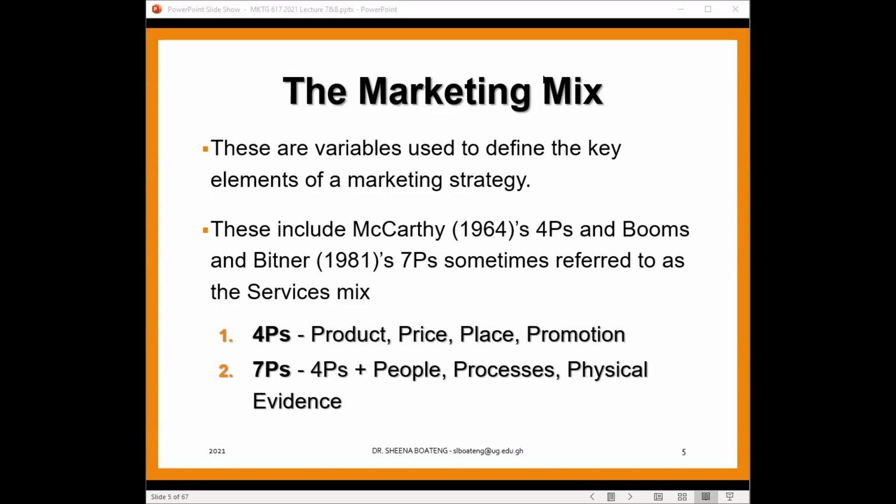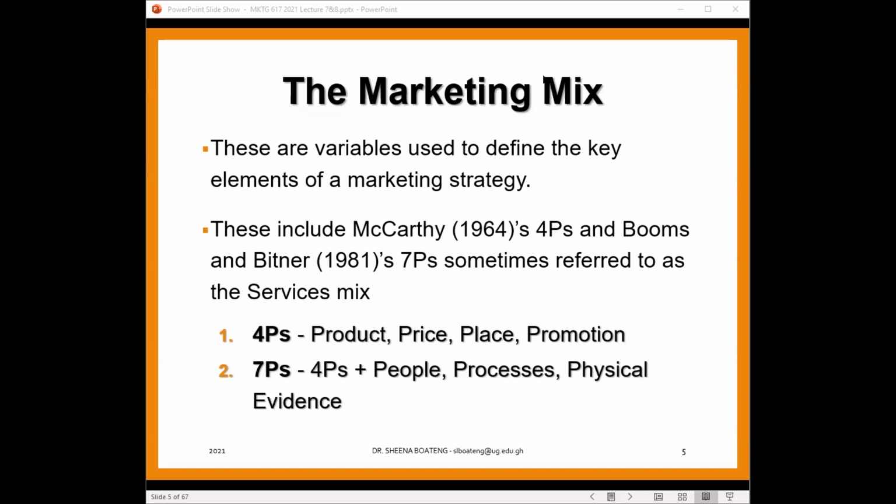Three additional P's were added to the traditional four, which are people, processes, and physical evidence, to sum up a total of 7 P's: product, price, place, promotion, people, processes, and physical evidence.